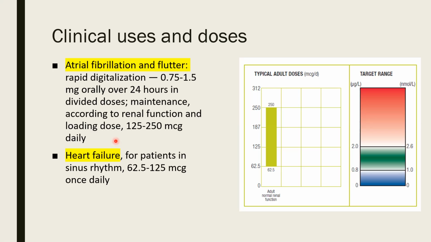Amiodarone? Amiodarone is an anti-arrhythmic drug which we keep first for a more severe one, like ventricular tachycardia.